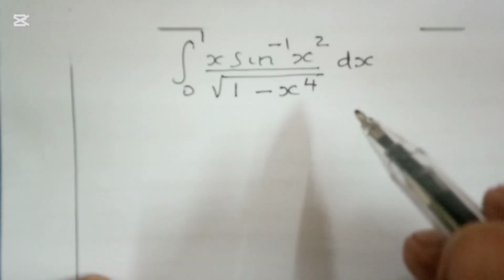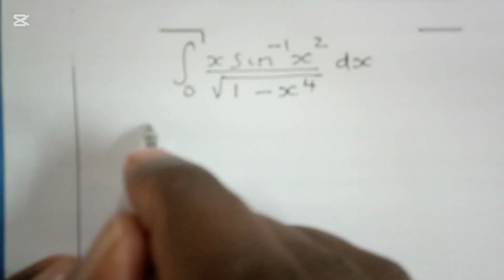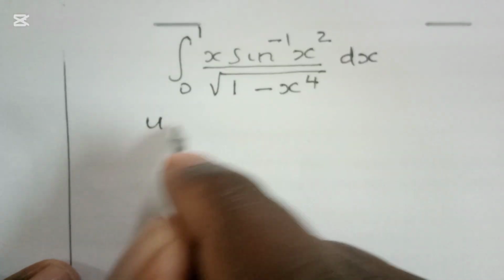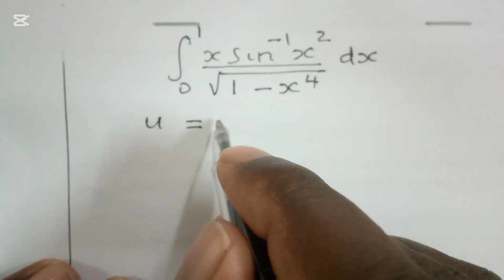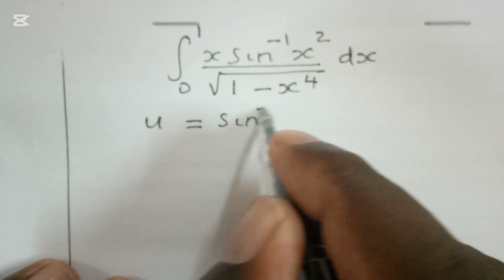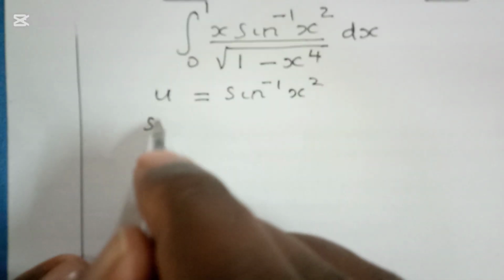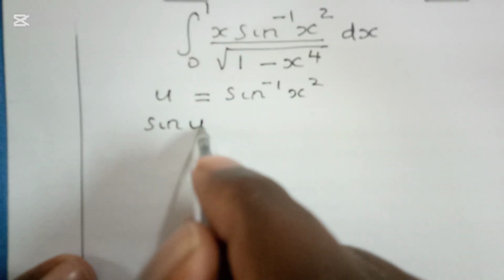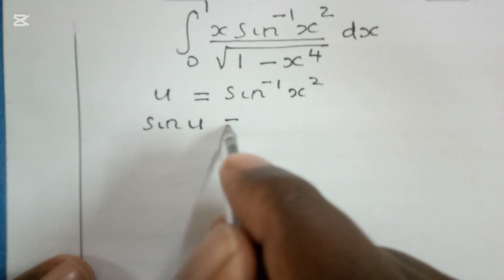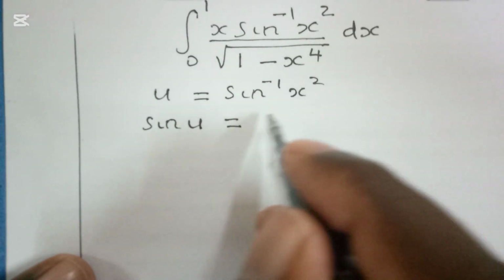So guys, for this problem, I'm going to do substitution. I will say u is equal to sine inverse x squared, and therefore we shall have sine u equal to x squared.